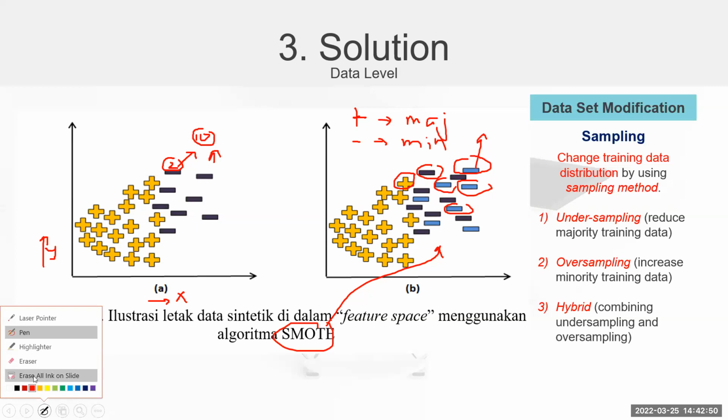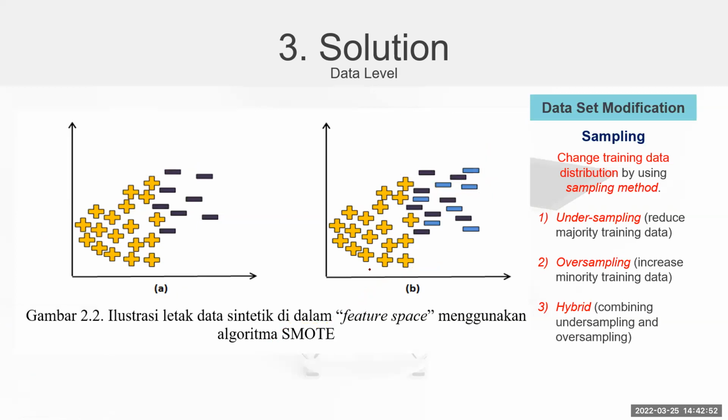Okay, I want to erase all of this. SMOTE is a technique to explore what we call the feature space. This is the space, and the data lies in the space.